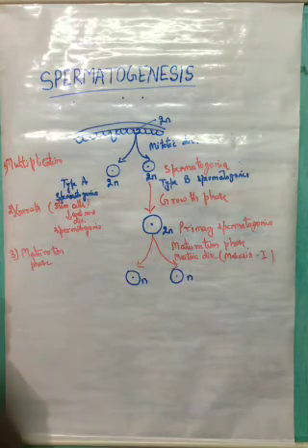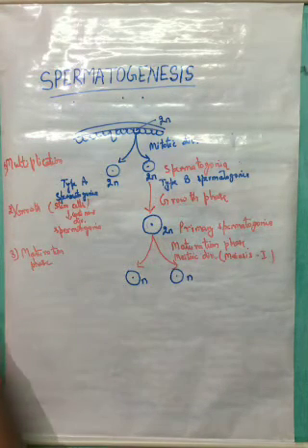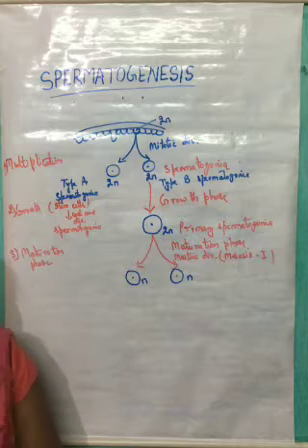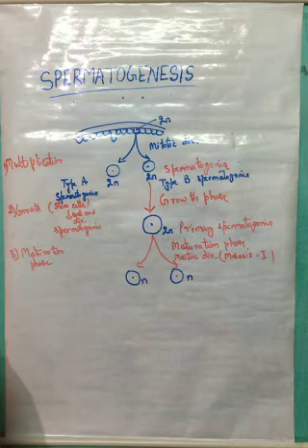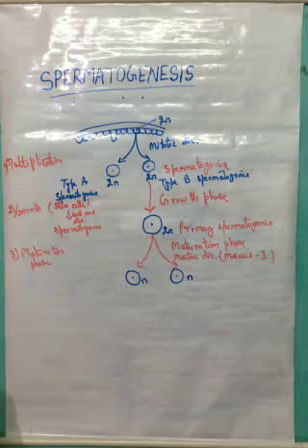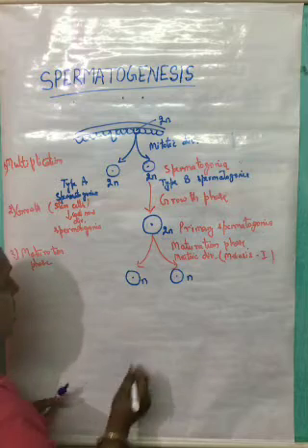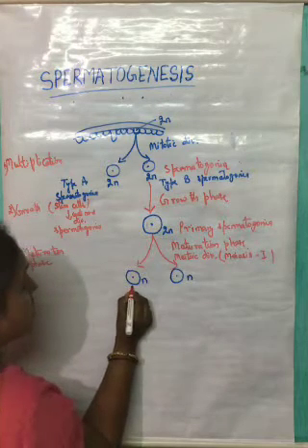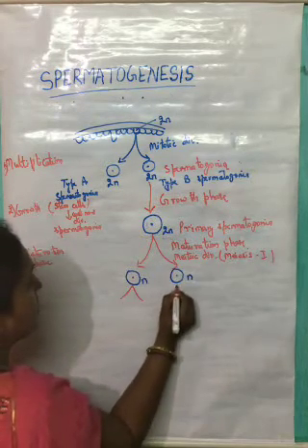So as a result of meiotic division in the primary spermatogonial cells, two daughter cells are formed, and these two daughter cells are having n number of chromosomes. Now further, these two cells will undergo the second meiotic division.